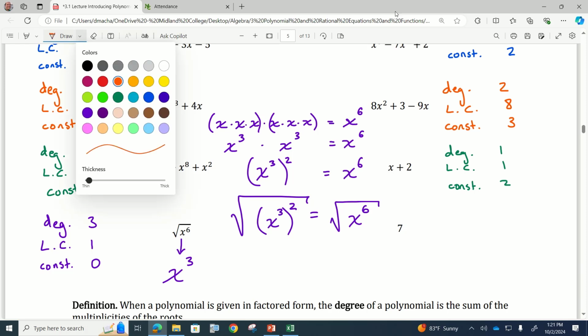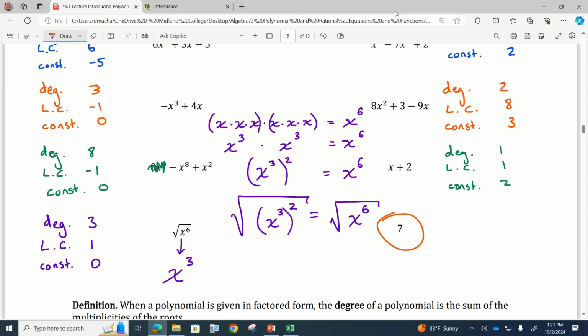And there's one last little guy over here. This is a polynomial. And it has a degree of 0.